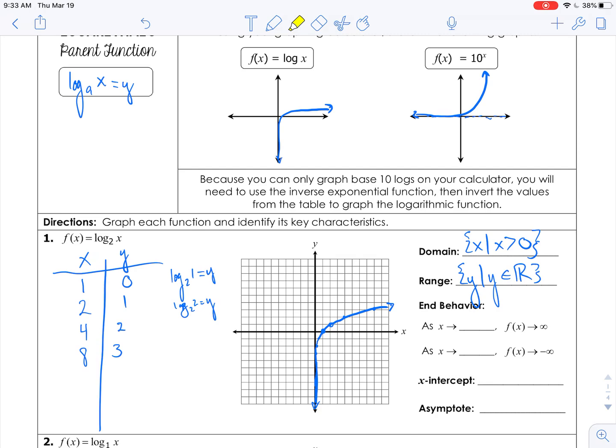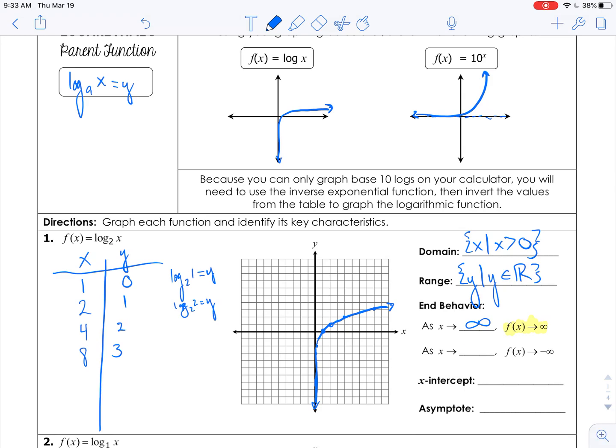So now let's check out our end behavior. When y, or f of x, is going to infinity, so as our y values go up, where is my x going? Well, as my x values get bigger, as I go this direction, my y values are getting bigger.